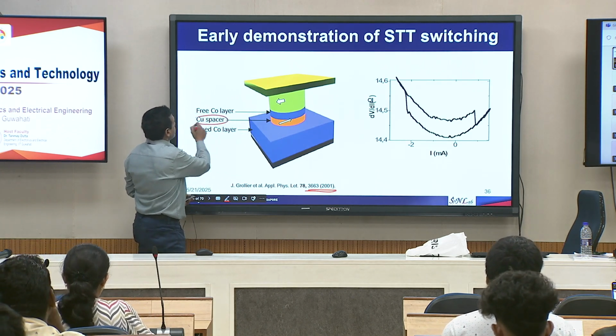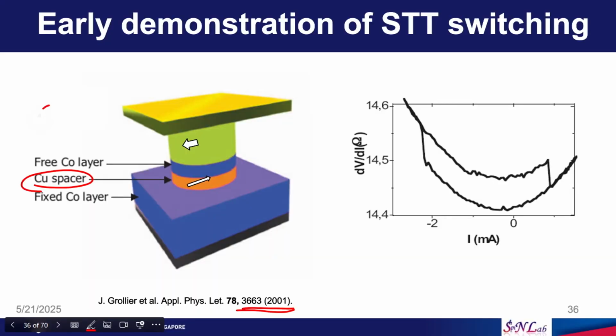Okay. So, in this case, this is a GMR. So, you have a copper spacer, CPP GMR. Okay. So, you are sending current perpendicular to the plane. This is a CPP GMR device. So, you have two ferromagnetic cobalt layers separated by a copper spacer. You are sending current through this way. Okay.